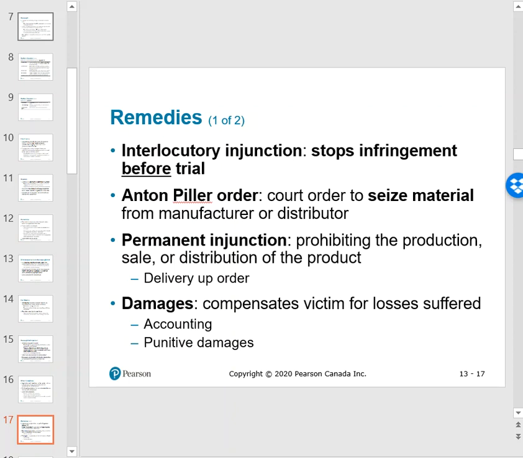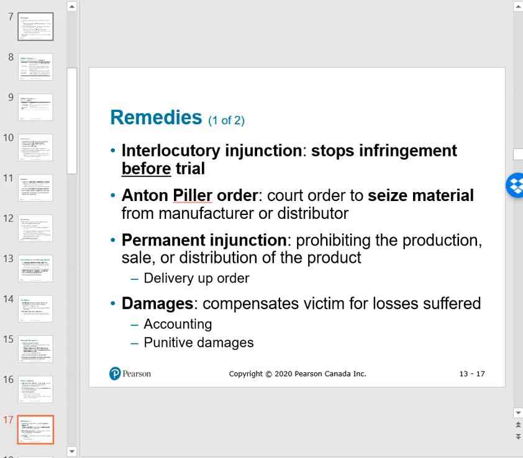So I want the infringer to stop infringing my rights right away, now. And as long as I have clear evidence of this, the judge would be very likely to grant an interlocutory order. And then there's the permanent injunction after trial. You can also get damages. And there's one new order here that is more specific to intellectual property. This new order is called Anton Piller order.